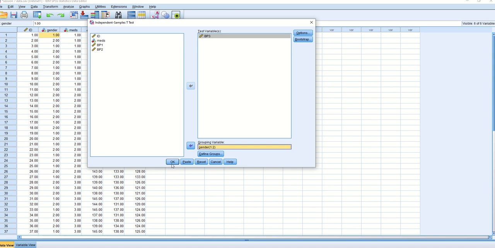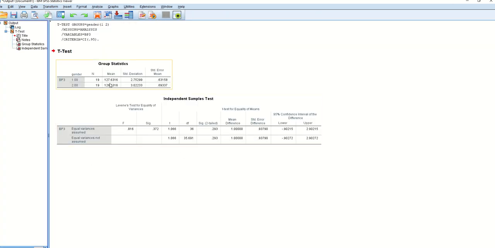Continue, and just click OK, and then you get 127 for value 1 and 126 for value 2. So maybe these are the male and the female. The estimate of the difference between the two is exactly equal to 1. You get it over here. And the p-value for that difference is 0.293.